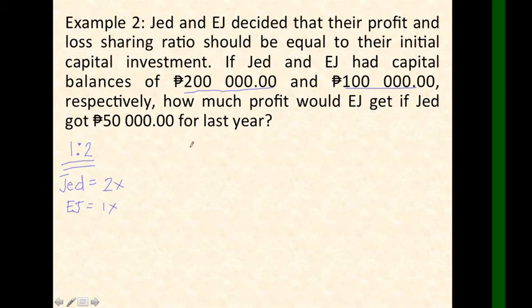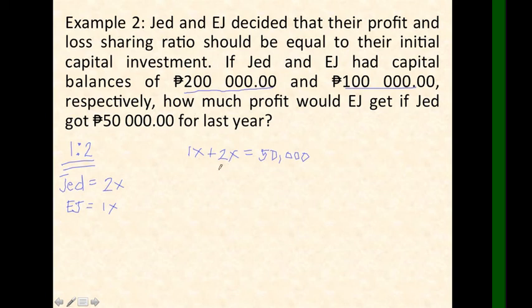So we have a solution of 1x plus 2x equals 50,000. Again, yung 200,000 and 100,000, basis lang natin yan para makita natin kung ano yung ratio ng kanilang investment or profit nila, no? So, or yung share nila. So, dito naman is last year daw naka 50,000 si Jed. So, ilan kaya ang kay EJ?